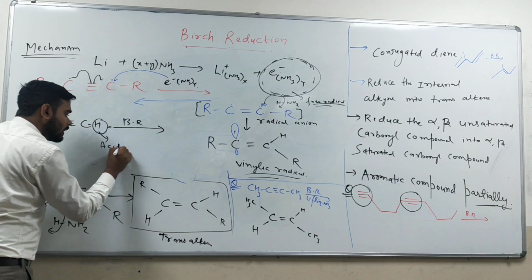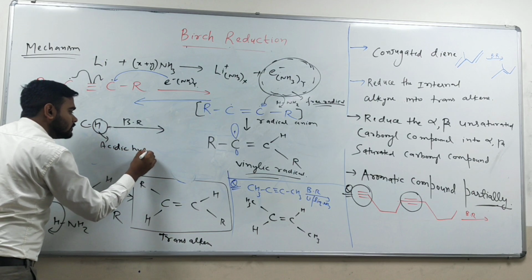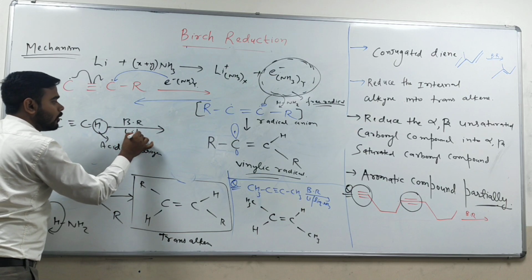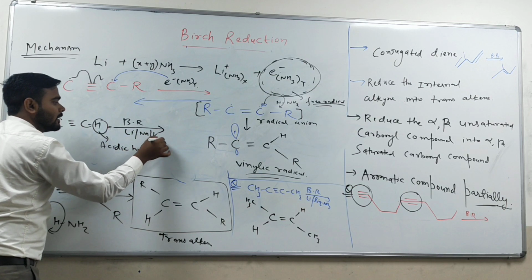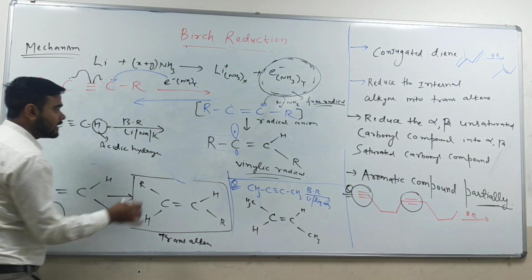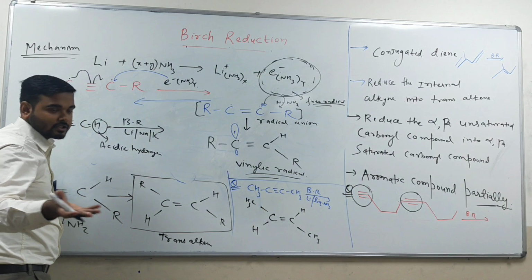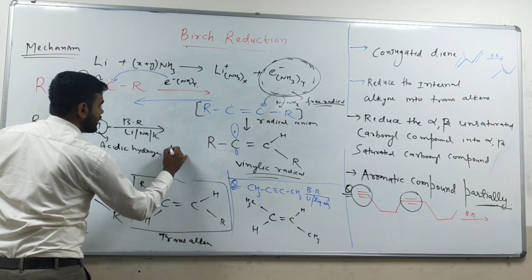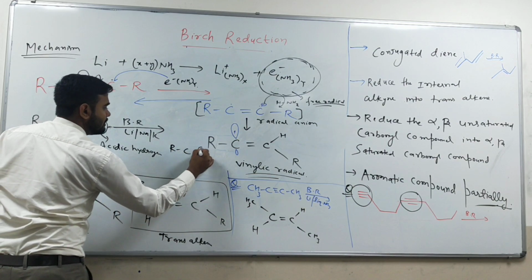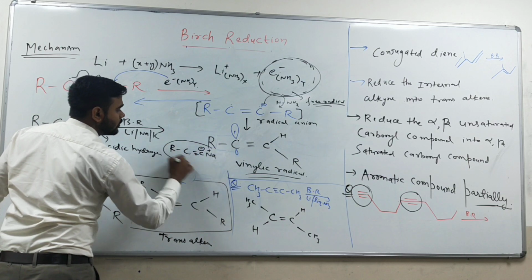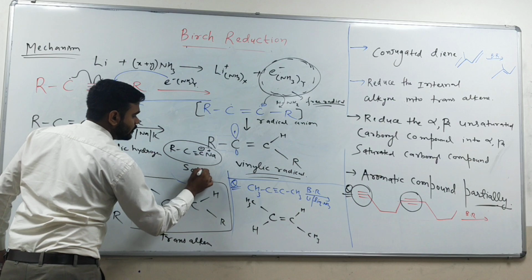You are using an alkali metal, sodium, lithium, or potassium. So what will happen here? It will form the salt. First an acid base reaction will take place, and you will get the product R, C triple bond C minus Na plus. So basically you will get the salt.